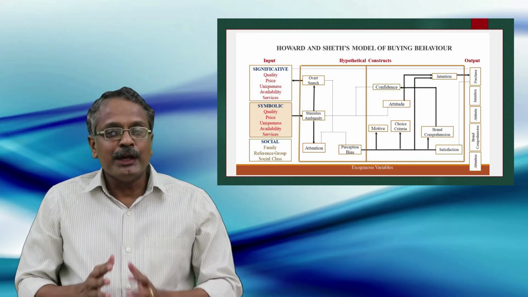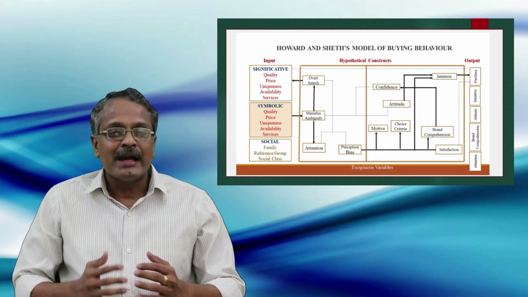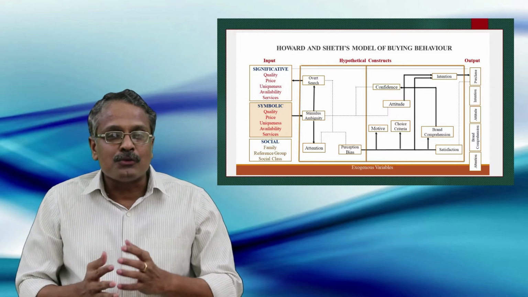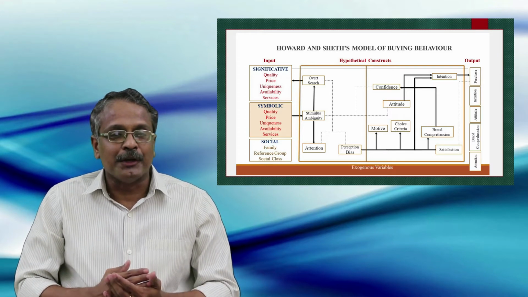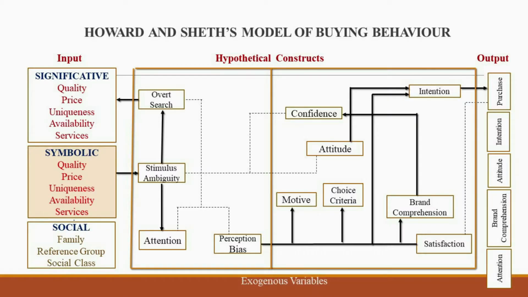Here, the significative stimuli are redefined by the buyer and are accepted on the basis of his own interpretation. These redefined stimuli are called symbolic stimuli. Thus, we can say that the symbolic stimuli are the consumer version of the significative stimuli.